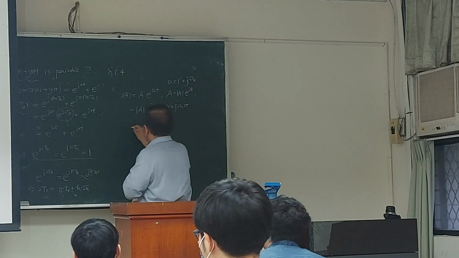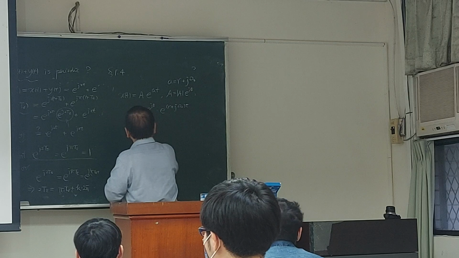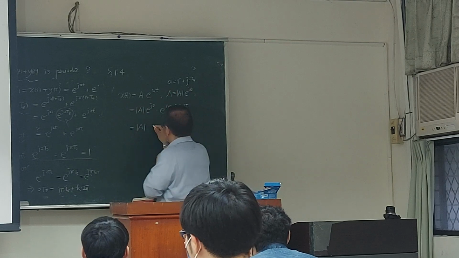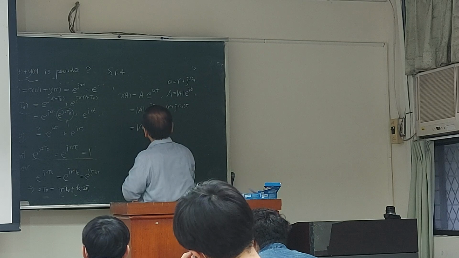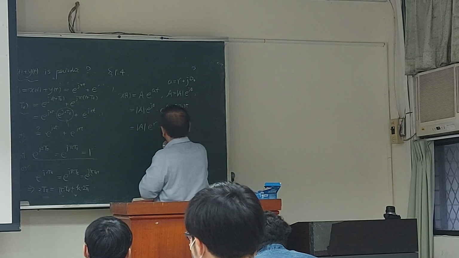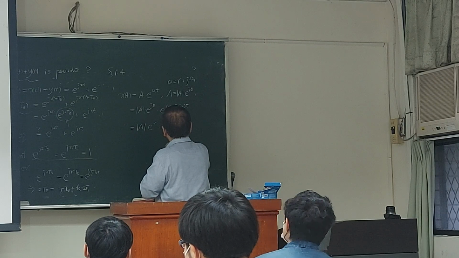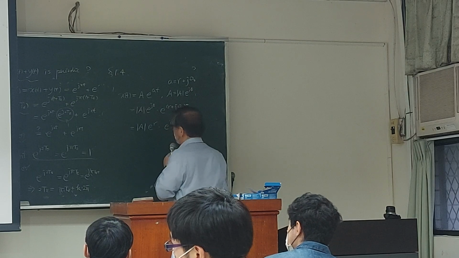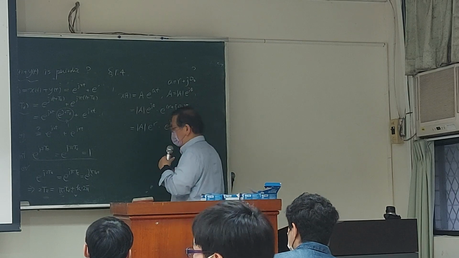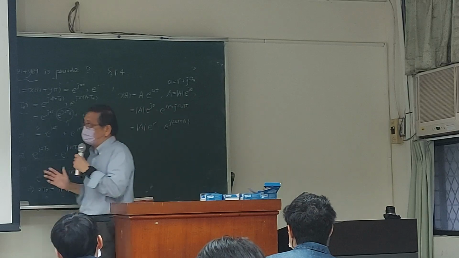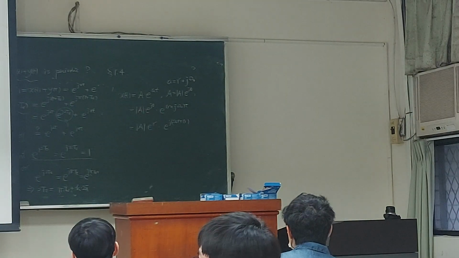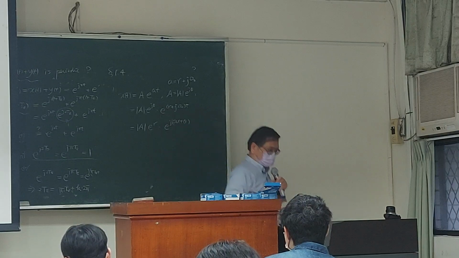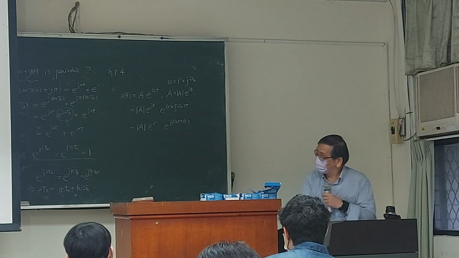So the product is simply A, the magnitude of the complex number, times e to the r t, and then times e to the j, omega sub 0 t plus phi. It's a direct computation, no big deal. This is not very complicated, a straightforward computation.